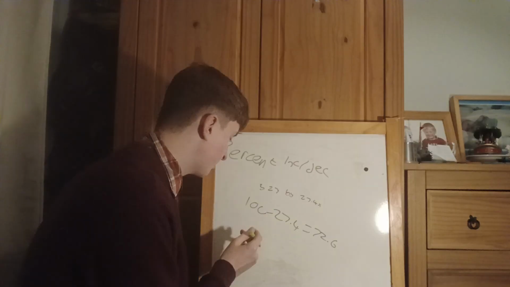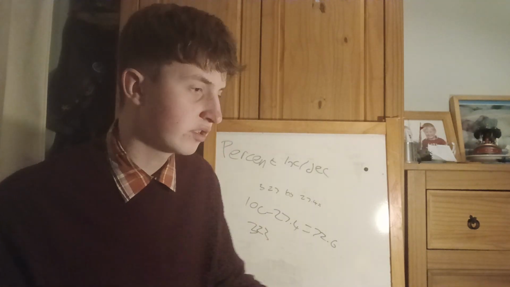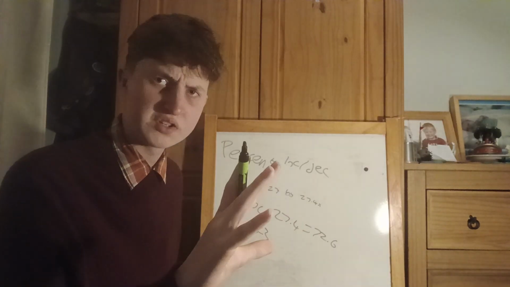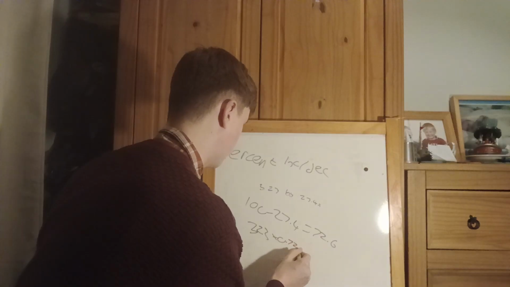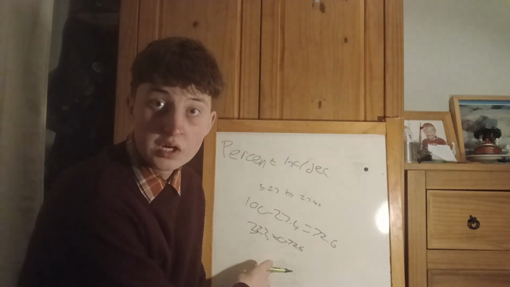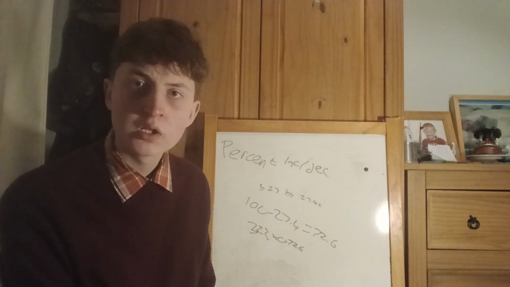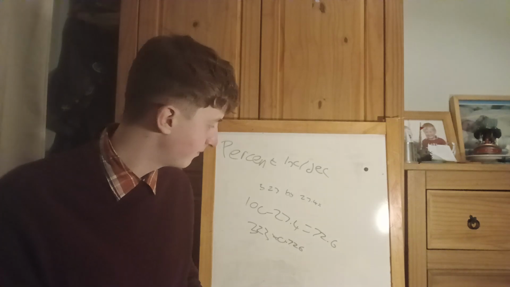So we do 323, which is the number we're trying to decrease, and then we're going to times it. Timesing is very important here. By 0.726. Again, if you're increasing, this number is above 1. If we're decreasing, it's below 1. So if you're increasing and the number somehow gets smaller, something went wrong.